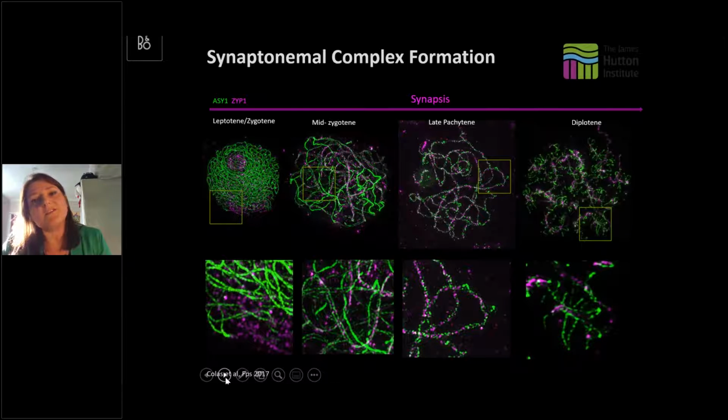And in diplotene, this is where the synaptonemal complex will start to dissolve, and we start to see what I call the tinsel chromosomes. The little story behind it was that I found it near Christmas time, so this is why I call them tinsels. But you can appreciate that the way the genome is organized, again, is completely different than in other organisms.